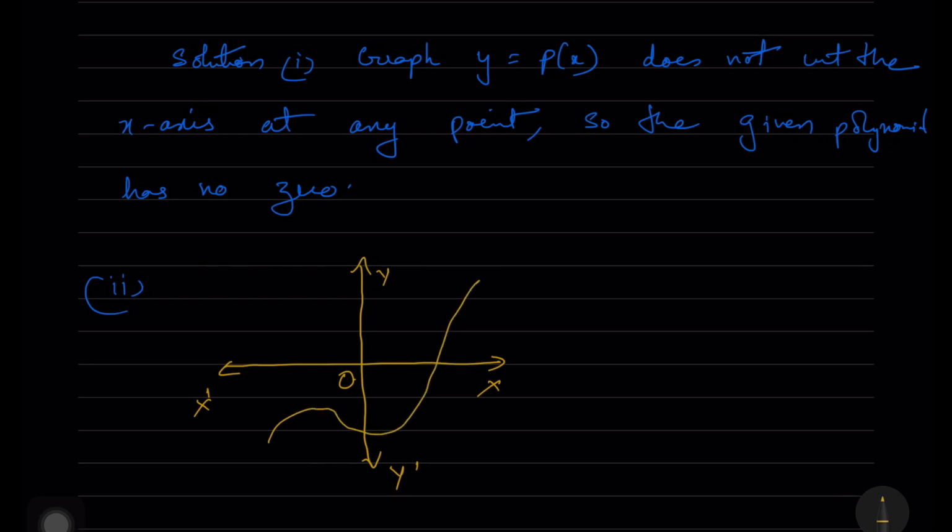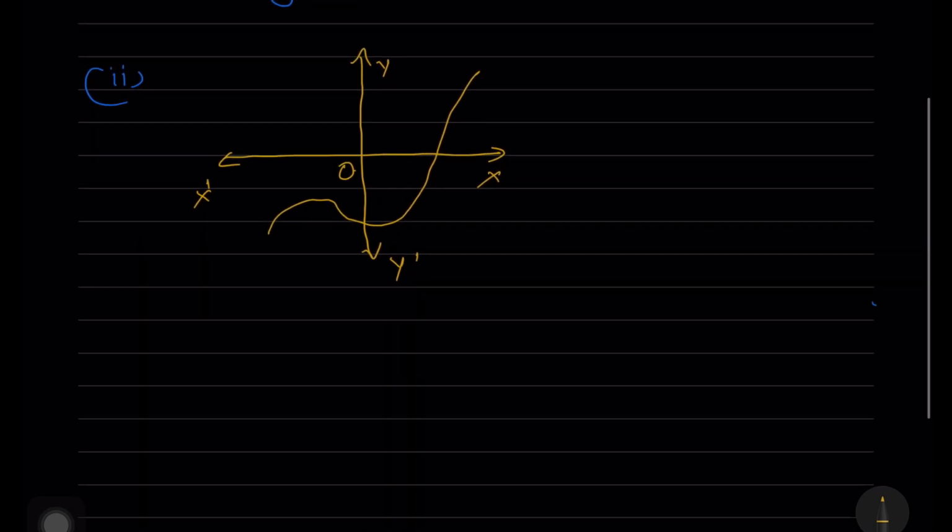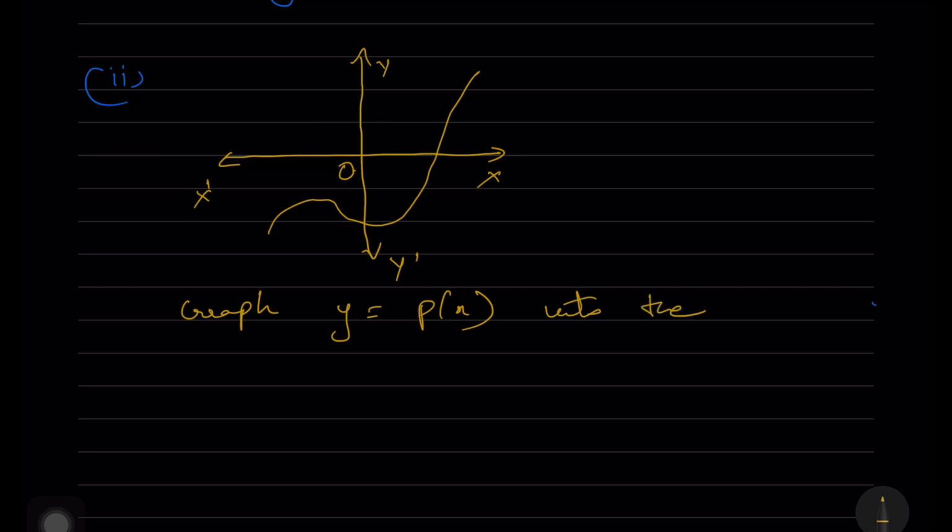It is cutting the x-axis at only one point. So how many zeros are there for this? This polynomial has only 1 zero because it cuts the x-axis at exactly 1 point. Therefore the graph y is equal to p of x cuts the x-axis at 1 point, so the given polynomial has 1 zero.